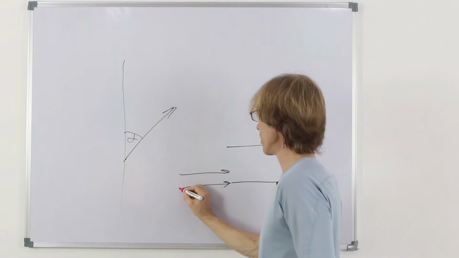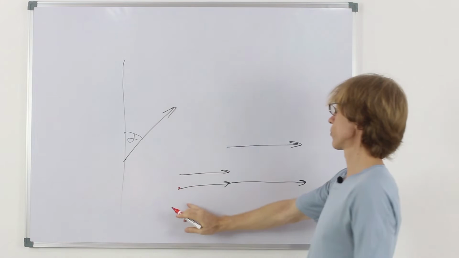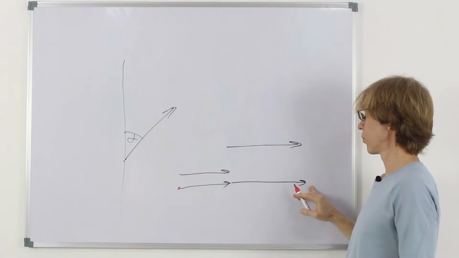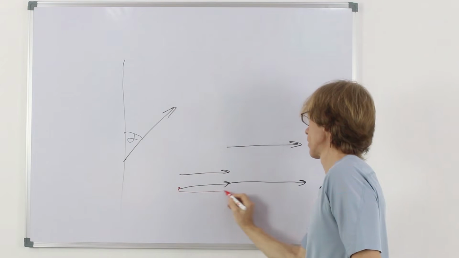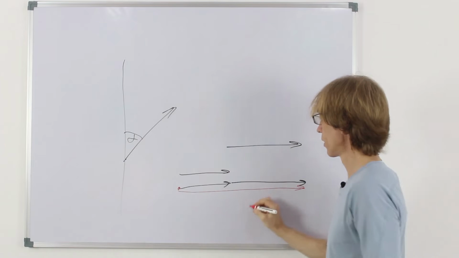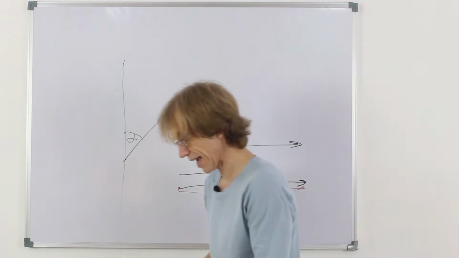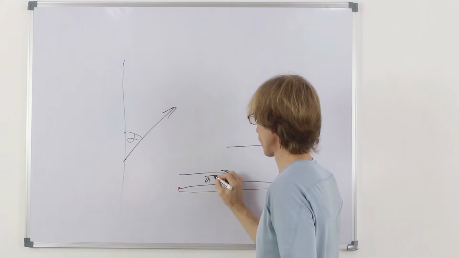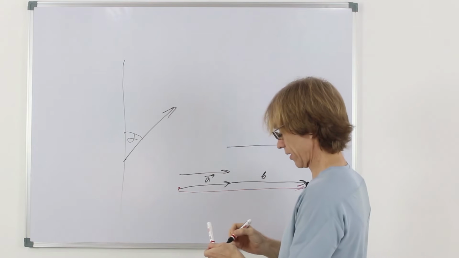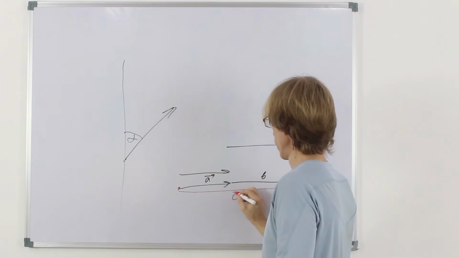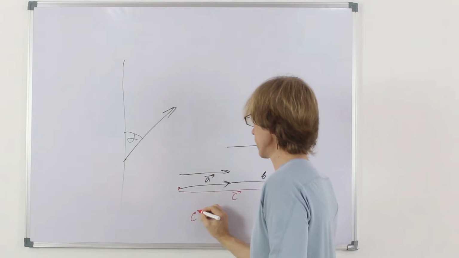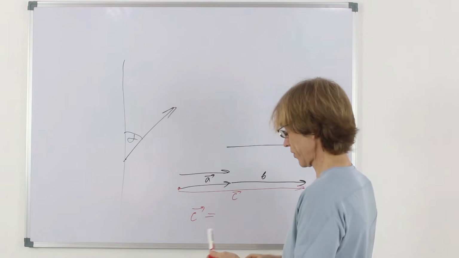So this line joining, you see, the base of the first with the tip of the last is the sum. So if this was A and another was B, and here is C, we can write C is the sum of A and B.